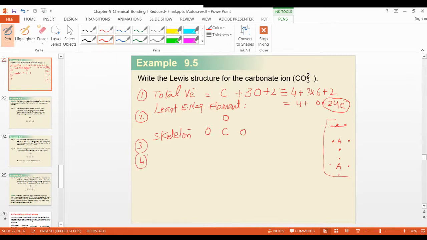And the fourth point is? Draw the bonds. The fourth point is you have to draw the bond between carbon and each oxygen. Okay, draw bonds.